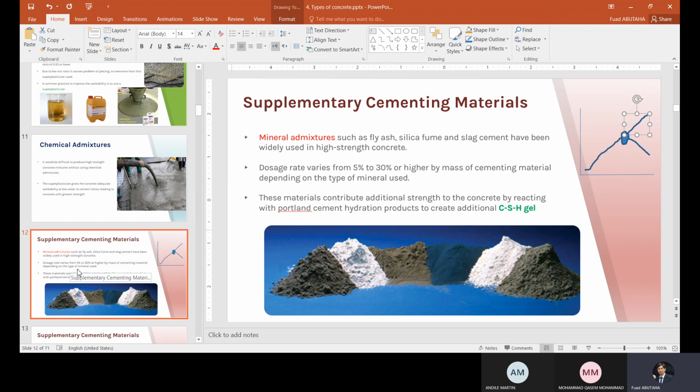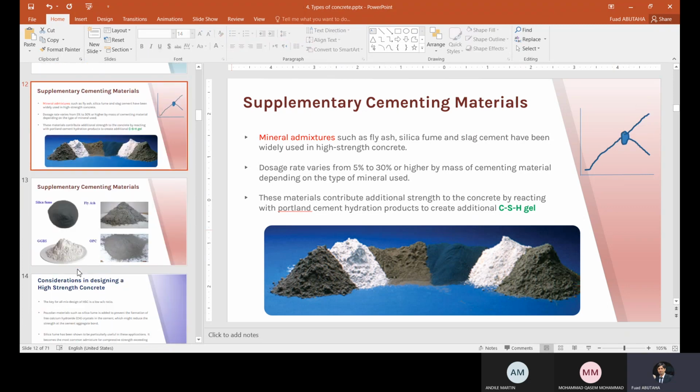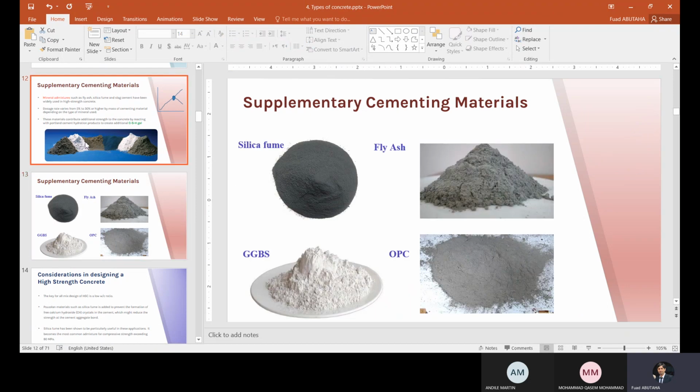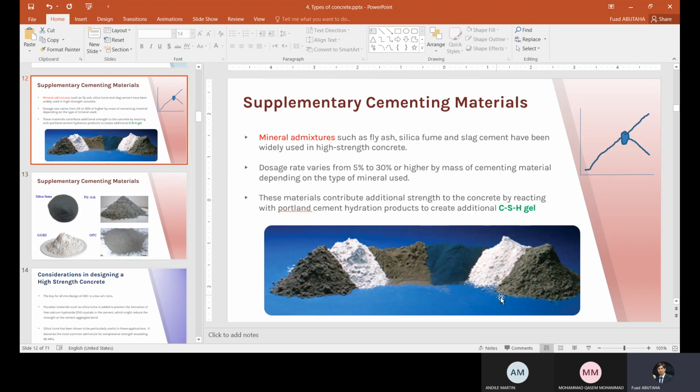Before this, I need to define what this material is. This material is a waste material or byproduct material as a result of different factories or different industries.